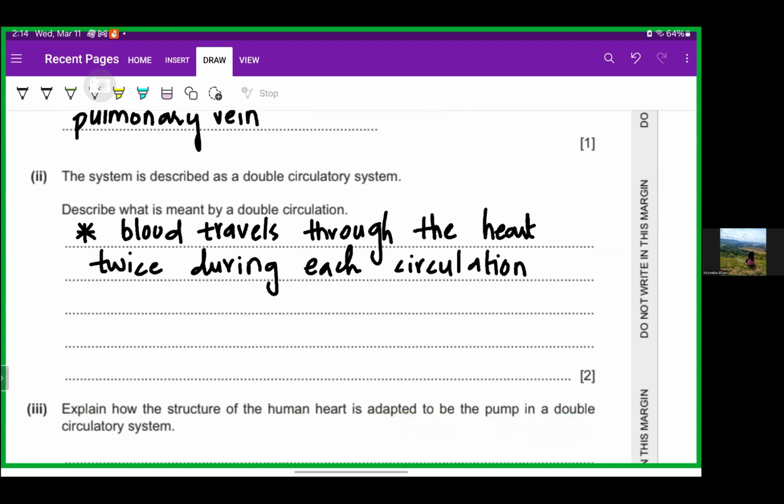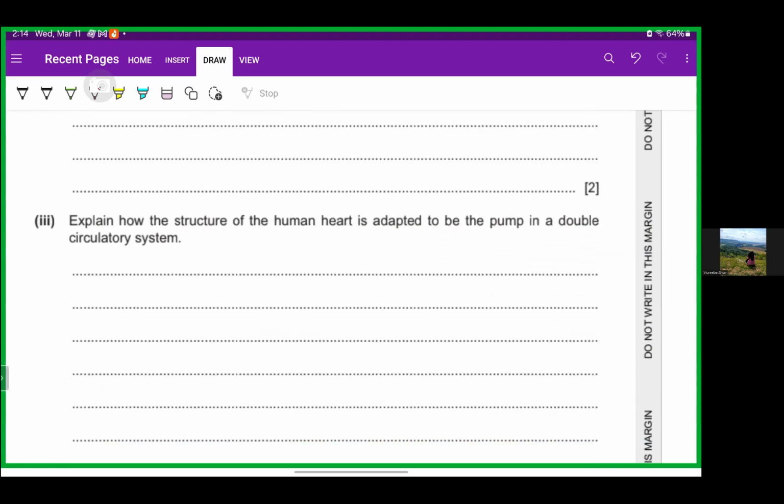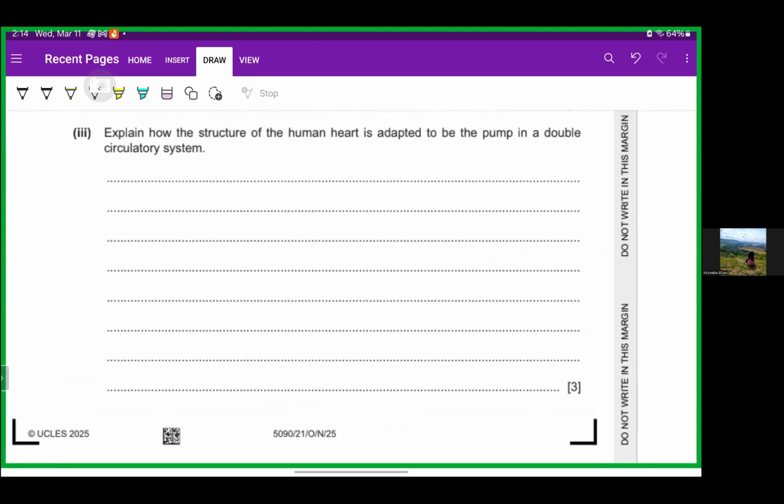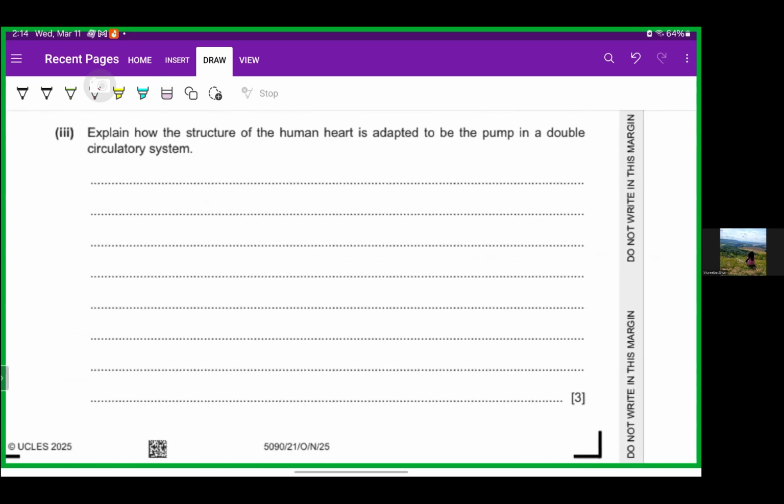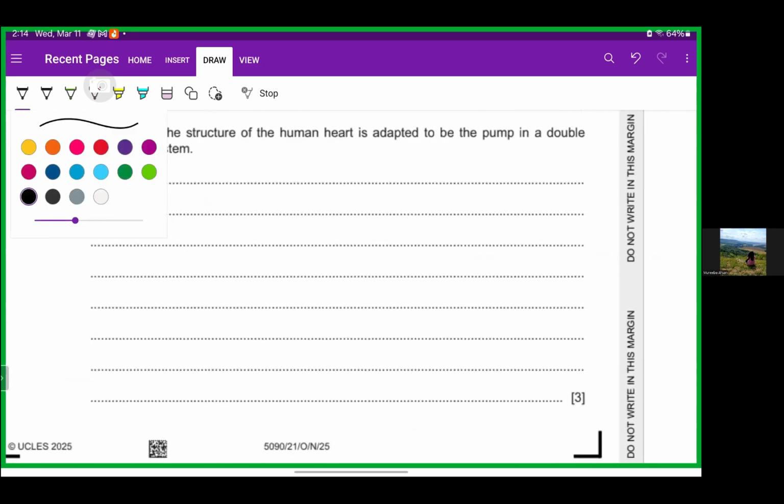Now, next part: explain how the structure of the human heart is adapted to be the pump in a double circulatory system. So we have to basically write about the structure of the heart.